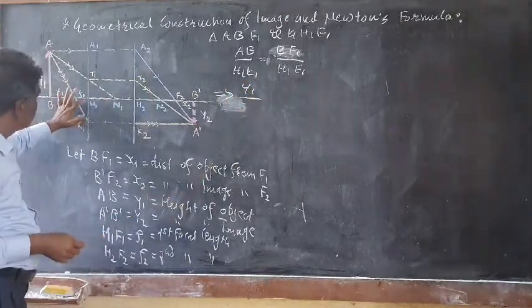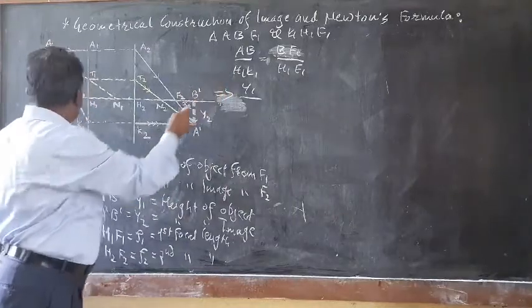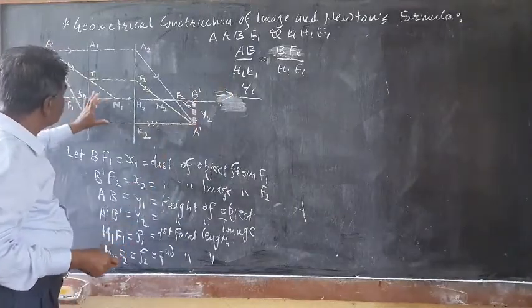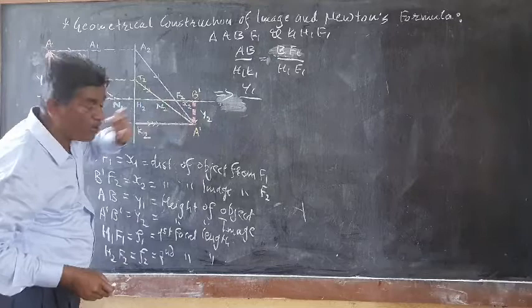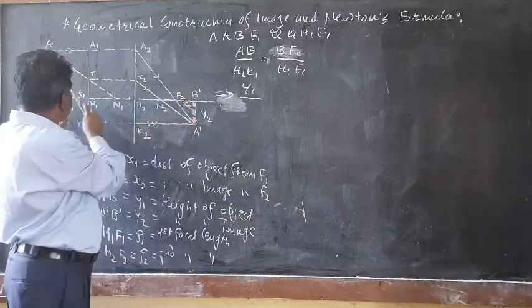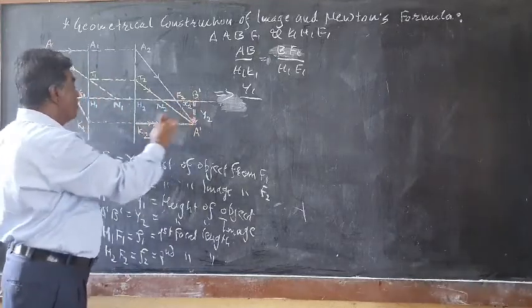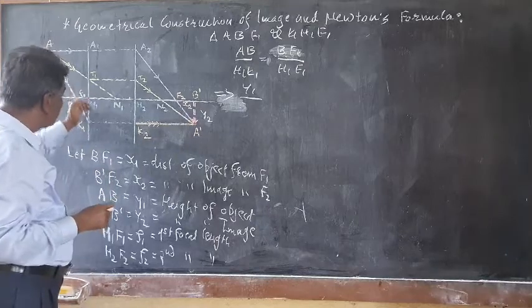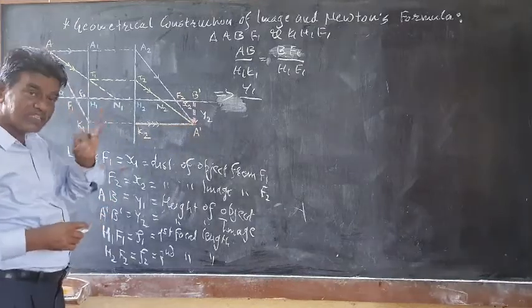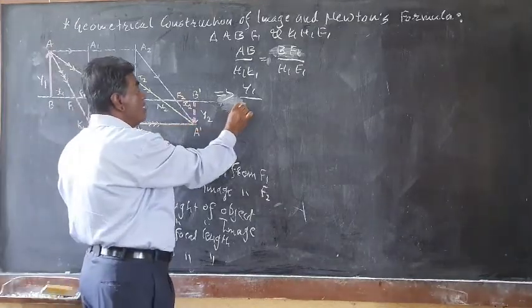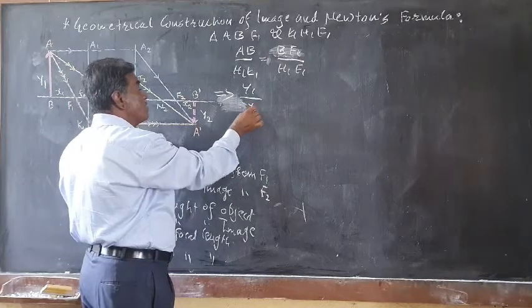Now this distance h1 k1 is nothing but the y2 distance, and it is measured below the principal axis, so that is negative.